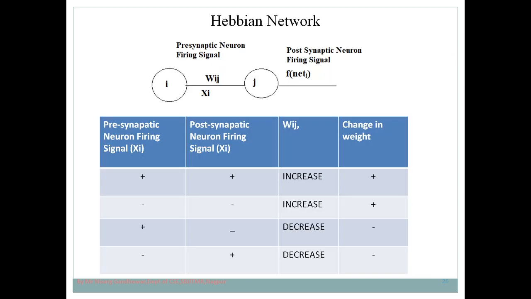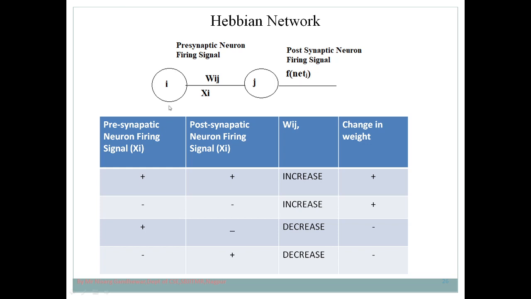Now let's try to understand with the help of a diagrammatic representation. Here I consider two neurons: this is neuron i and this is neuron j. We know that in the human brain n number of neurons are connected with each other. Similarly, in an artificial neural network, n number of nodes are present in the input layer, hidden layer and output layer, and all these neurons are connected with each other by means of a specific weight.